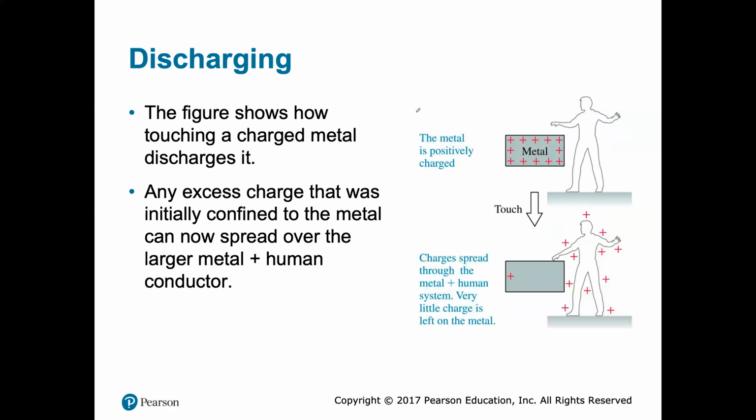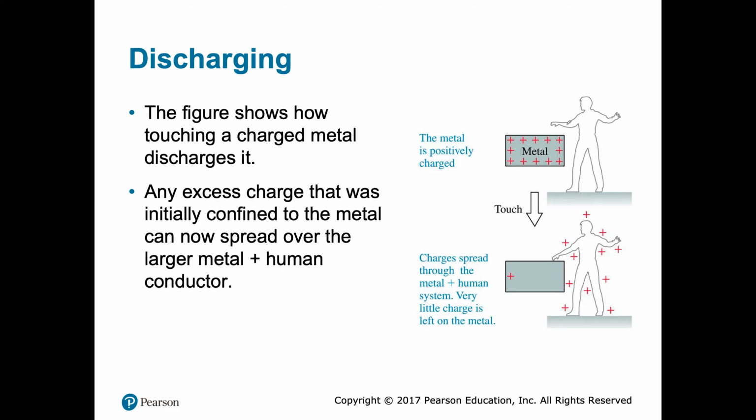Discharging. Here is the process of discharging. Now, if you have a metal and a man is touching the metal, what happens? First of all, we need to understand that a human body is also a conductor.